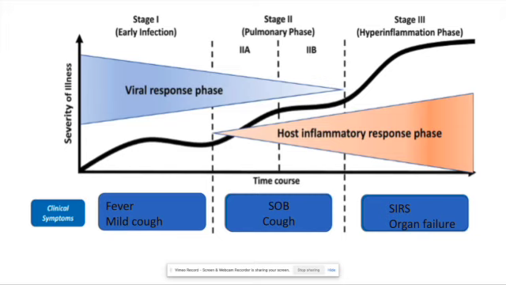The next phase, about 4 to 5 days later, is the pulmonary phase, where virus is replicating in some lung tissue. The person by then is short of breath and has a cough, and we enter the most dangerous phase, which is the host inflammatory response.